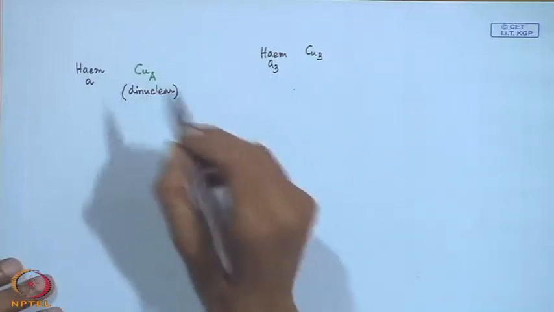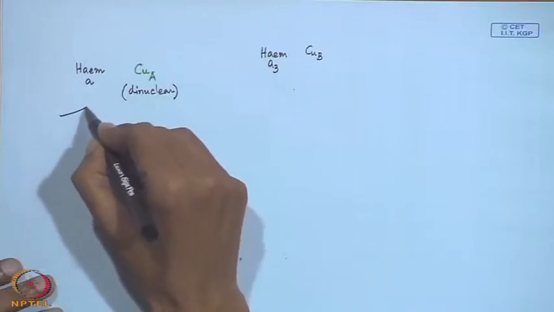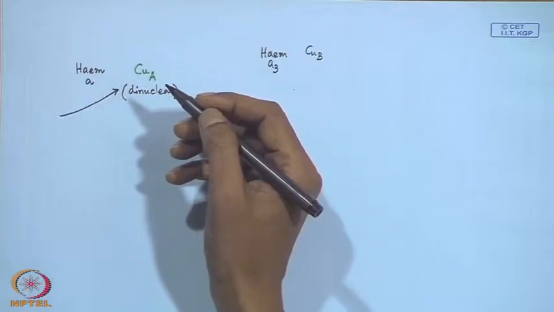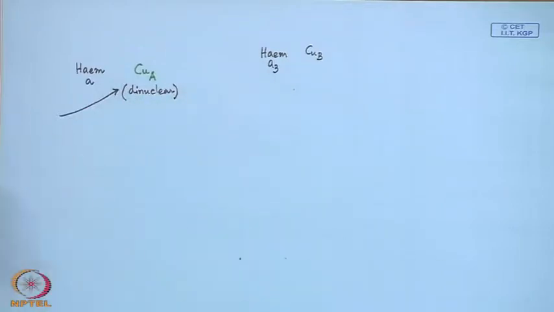So, this particular copper A site, which is a dinuclear one, and if you just recall what we have on the left hand side, we have cytochrome C, then you have the cytochrome C oxidized, and on the right hand side you have the dioxygen molecule.